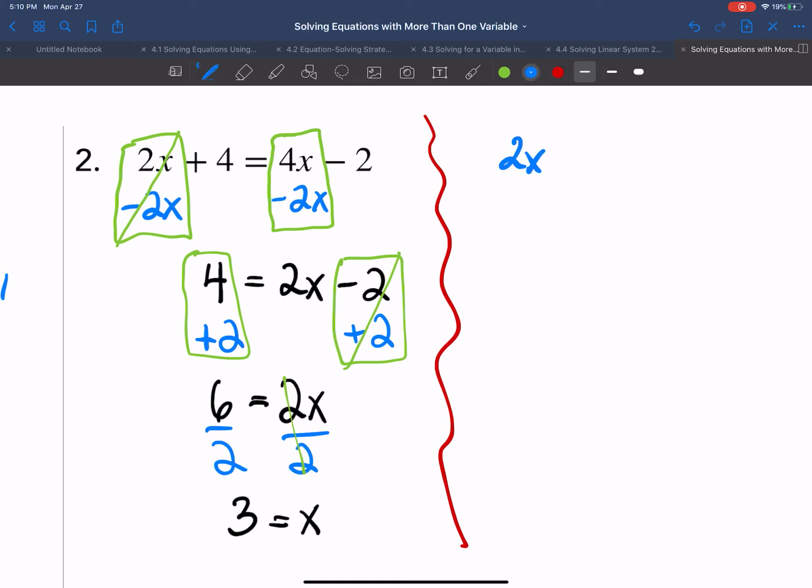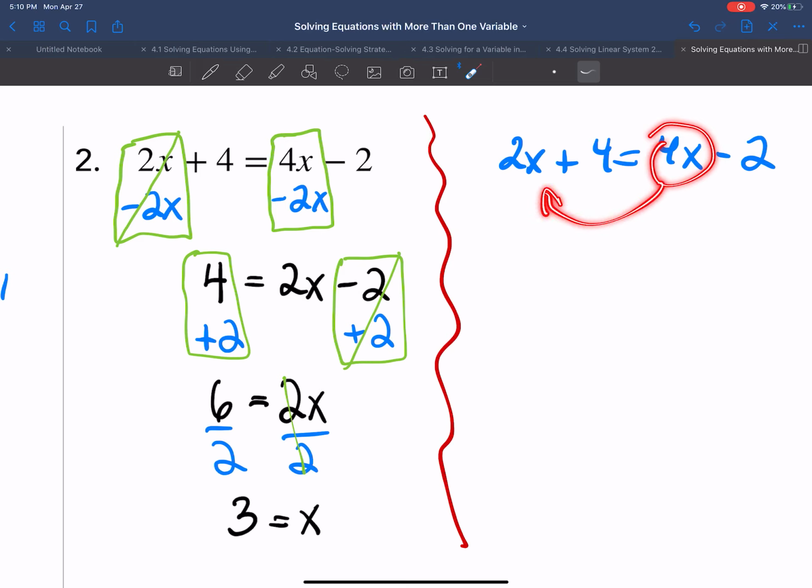So 2x plus 4 is equal to 4x minus 2. I'm going to take this 4x and get it out of there and move all my x's to the left side. Whereas the other time that we did it, I took 2x and got rid of it, put it on the right side.